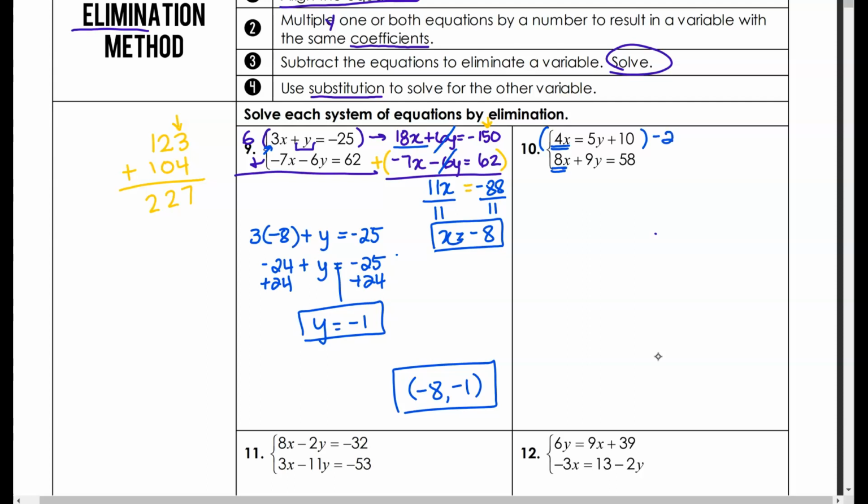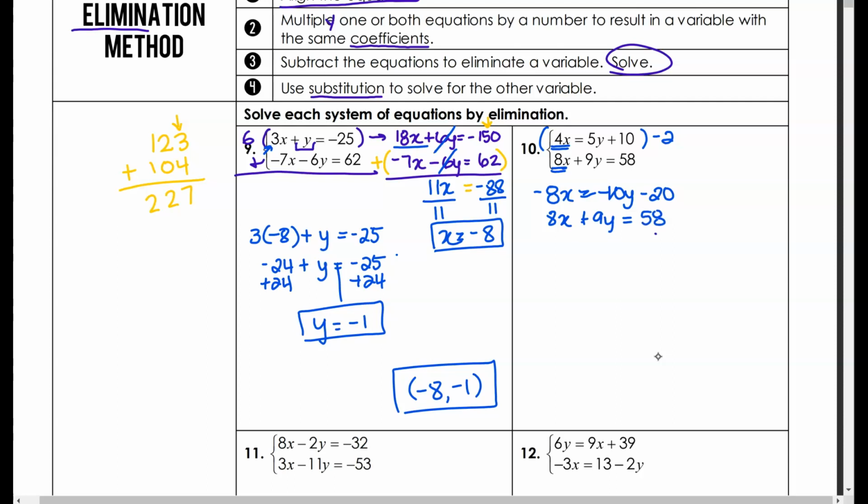Multiplying it by negative 2, I get 4 times negative 2, that gives me a negative 8x equals negative 10y. Negative 2 times 10 gives me minus 20. And then I have 8x plus 9y equals 58.